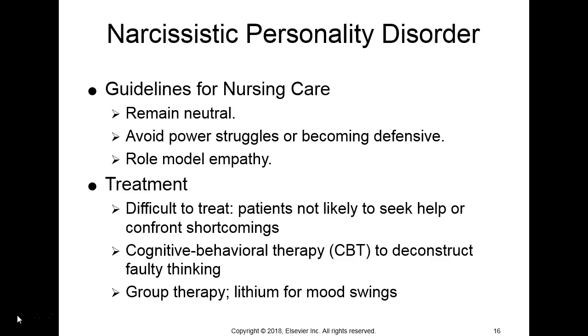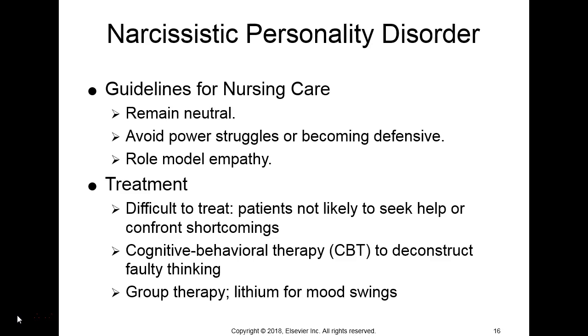Cognitive behavioral therapy, certainly we don't necessarily do that as staff nurses, but they would go to an advanced practice nurse or a therapist to help them deal with their faulty ways of thinking, and then to gain empathy with other people and to interact, because they are going to have difficulties with work relationships, school relationships, family and friends, so they're definitely going to suffer that way.